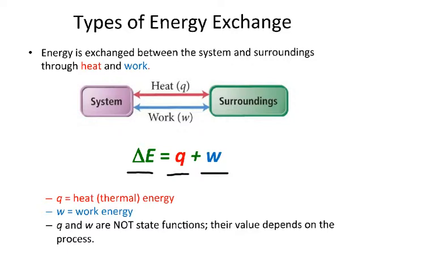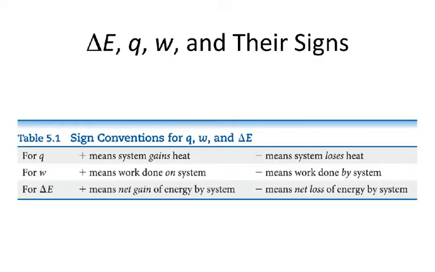It's important to note that although energy is a state function, Q and W depend on the path or the process taken. And so one thing that you have to know is how to determine, from the context of a particular question or problem, the sign of Q and W. So for Q, if the system gains heat, then that Q value is going to be positive.